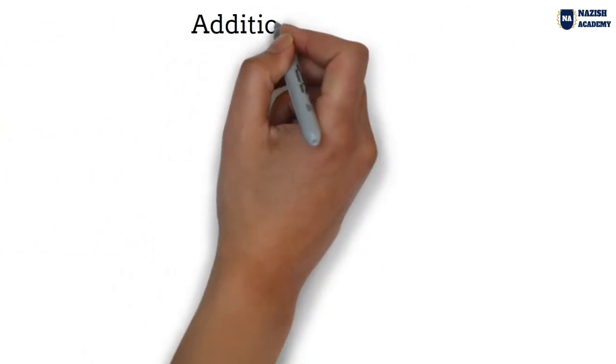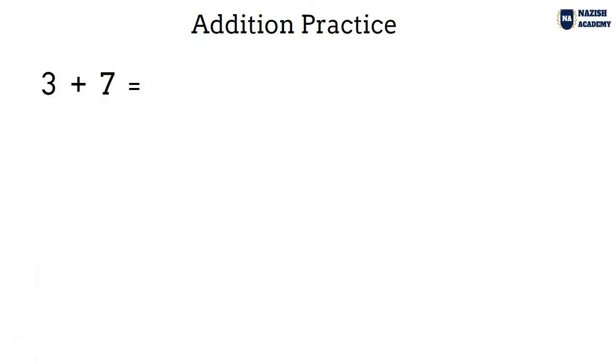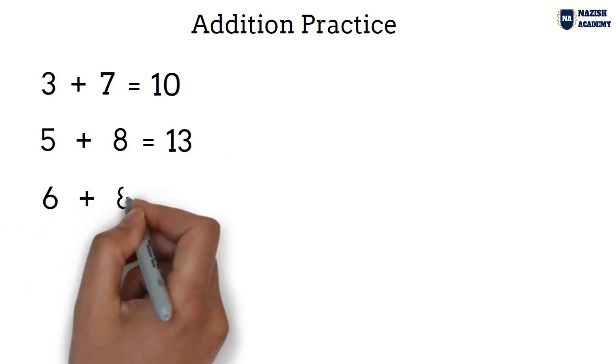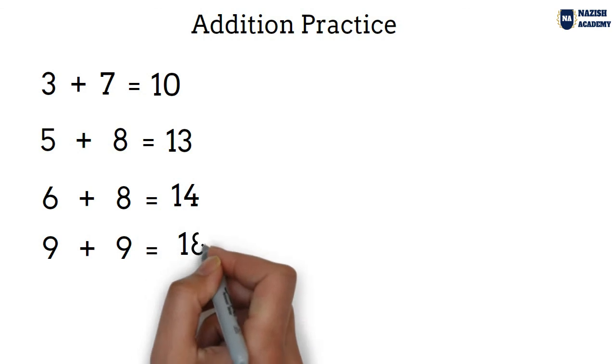Addition practice. We will practice here. 3 plus 7. How many altogether? 10. 5 plus 8. How many altogether? 13. 6 plus 8. 14. 9 plus 9 is equal to 18.